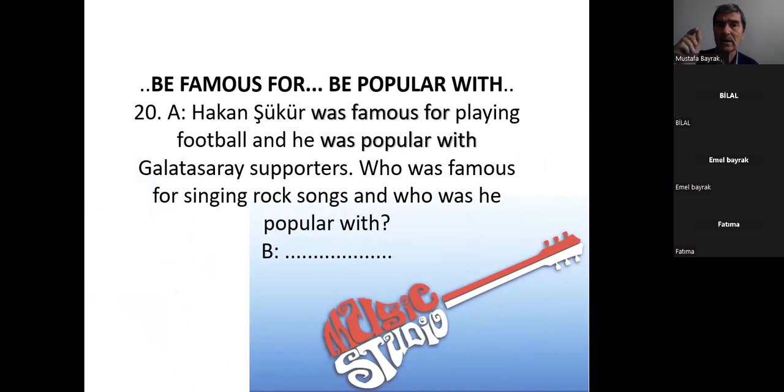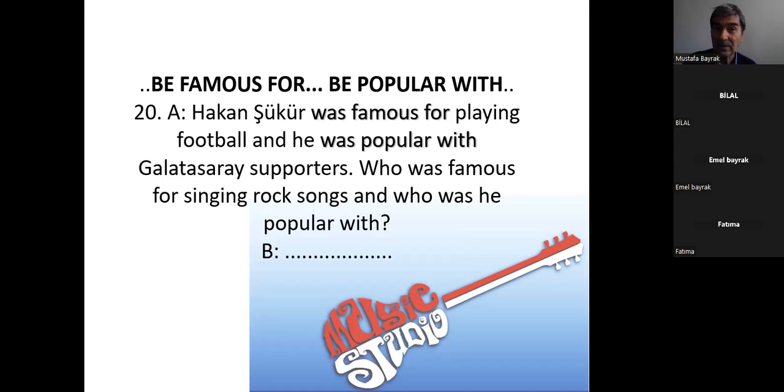20A. Hakan Şükür was famous for playing football. Okay, although he had been a basketball player, Hakan Şükür was not famous for playing basketball. Hakan Şükür was famous for playing football, and he was popular with Galatasaray supporters. Is it clear?